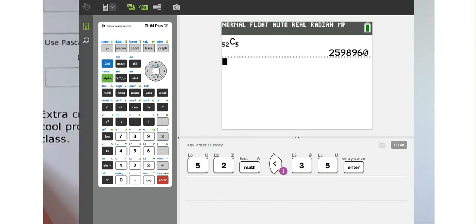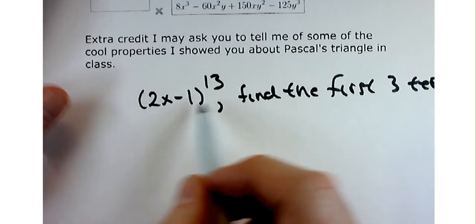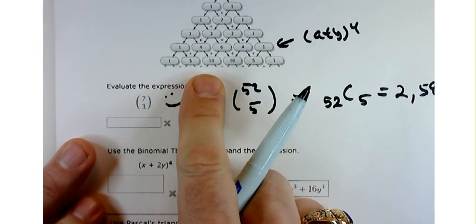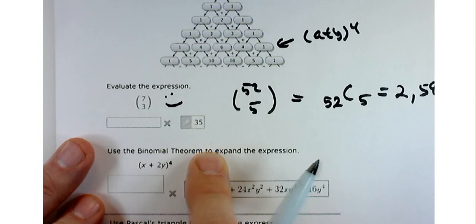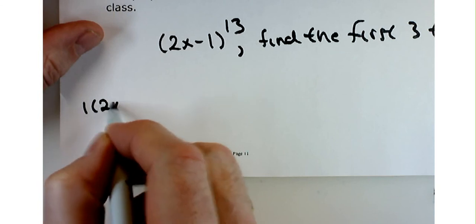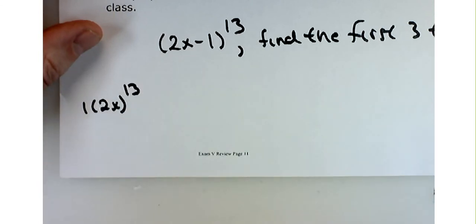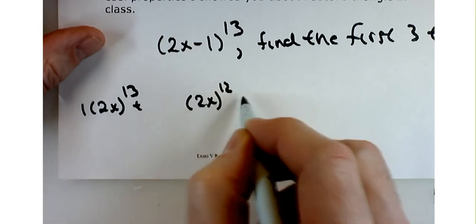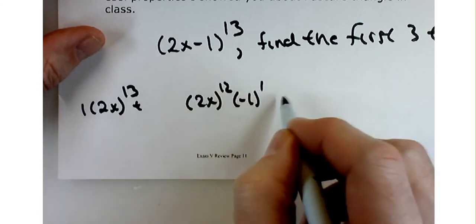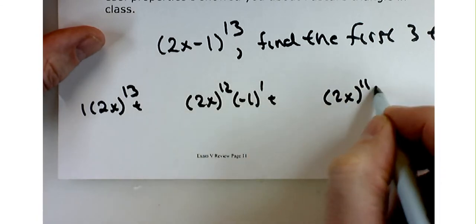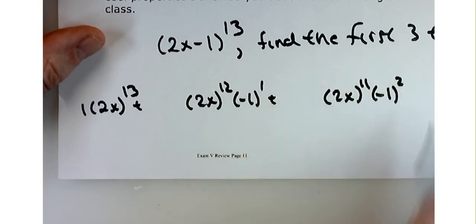And last but not least, one of the tricks I showed you was how to find the coefficients of, say, the first 3 terms. I don't feel like doing Pascal's triangle all the way down to the 14th level. That would be a pain. So instead what I'll do is I'll do this. It'll be 2x to the 13th power plus 2x to the 12th power, and then negative 1 to the 1st power plus 2x to the 11th power and negative 1 to the 2nd power.